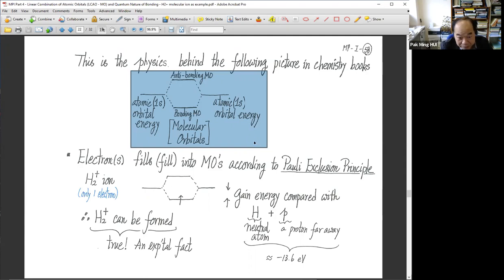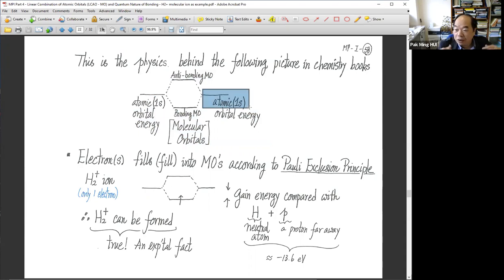So the two on the right and on the left refer to the two 1s atomic orbitals, at minus 13.6 eV. You may think about it this way, meaning they're not yet forming the molecular orbitals.